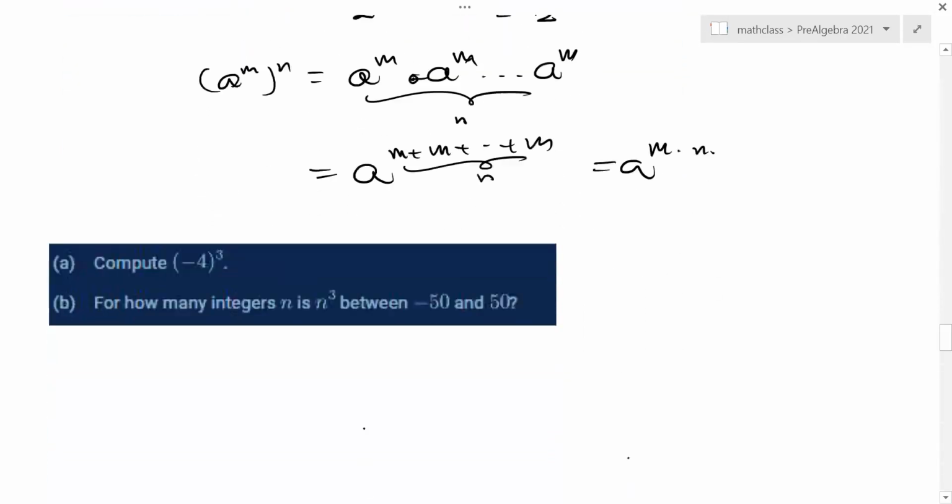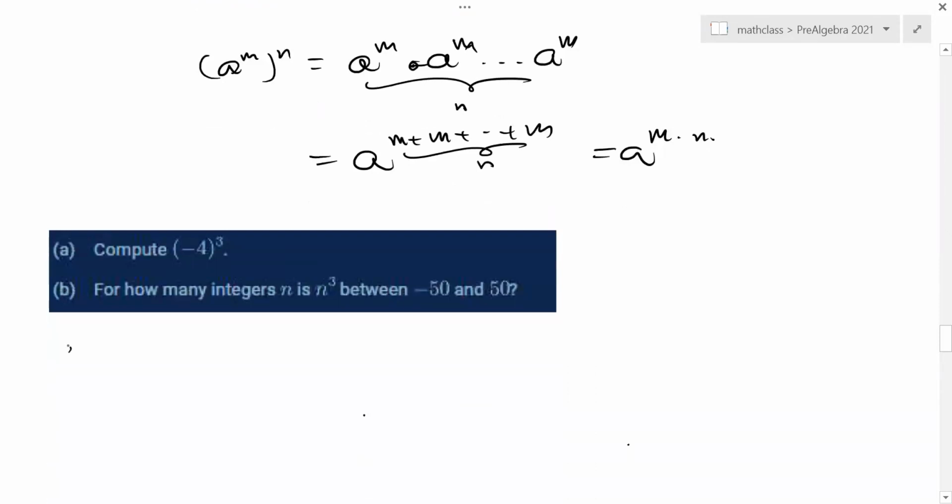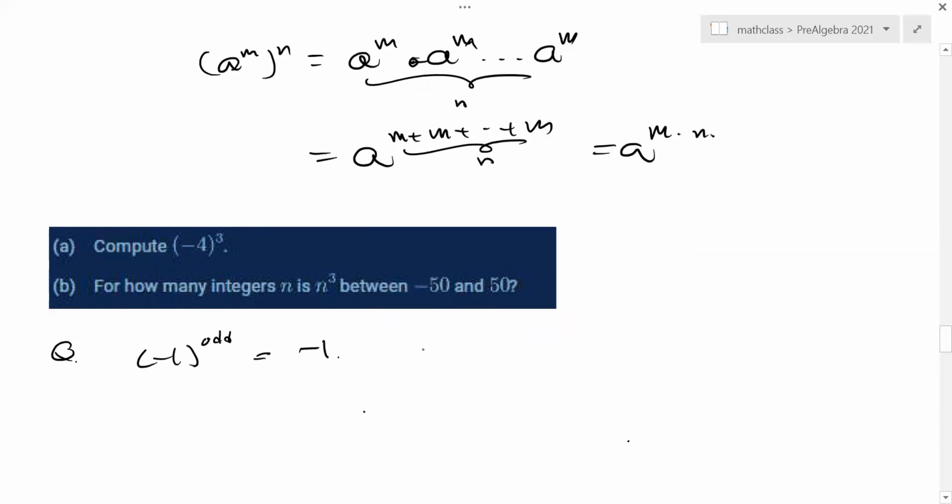But compute this. I think we should know first what it is. -1 to another power, right? -1 to another power is -1, we already did that. And -1 to an even number is going to be positive.